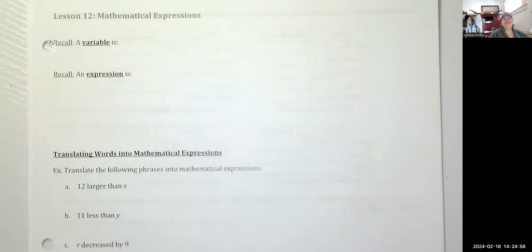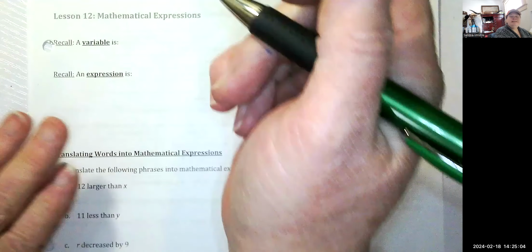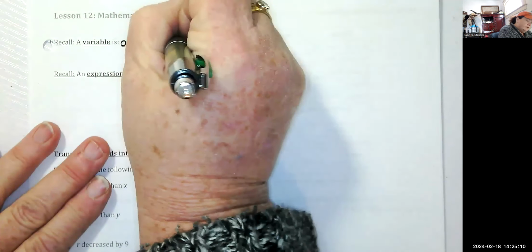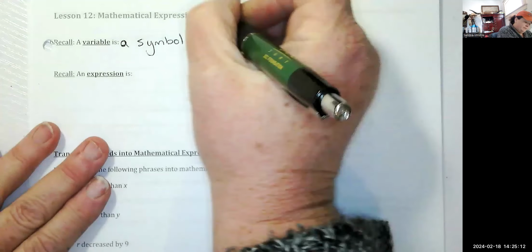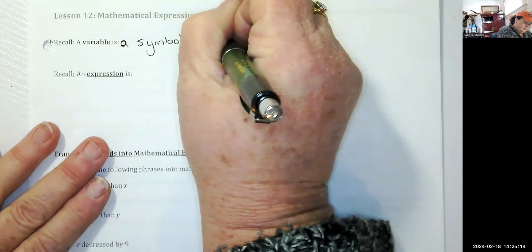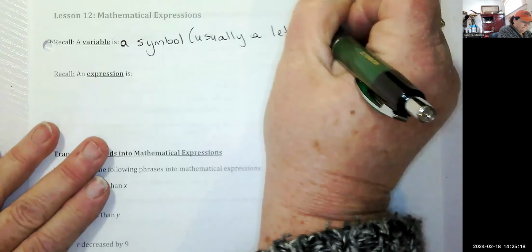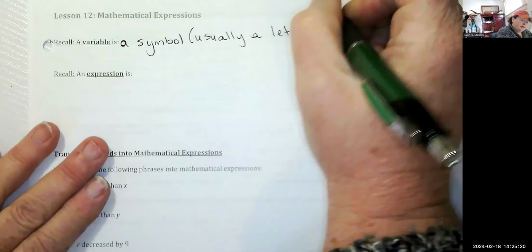Let's cover lesson 12, mathematical expressions. Let's recall what a variable is. A variable is just a symbol. It's usually a letter, and it stands for a value.